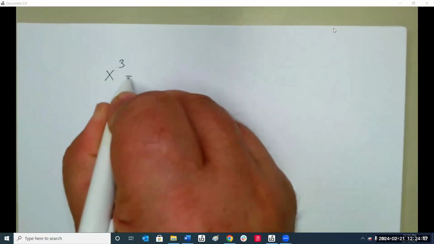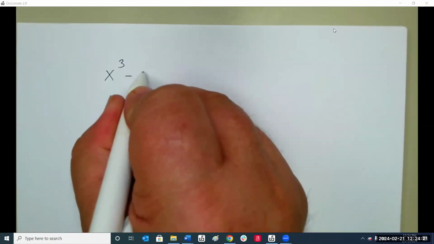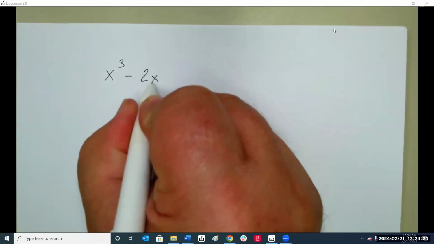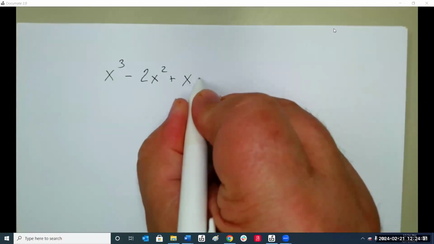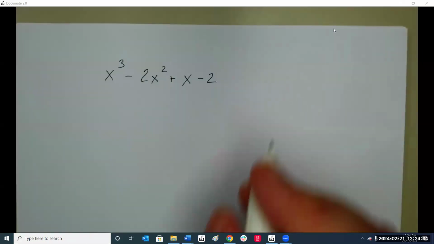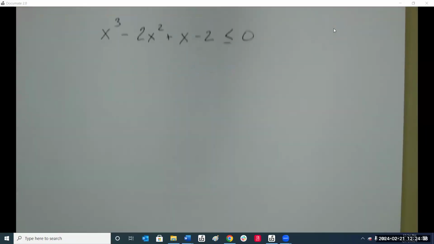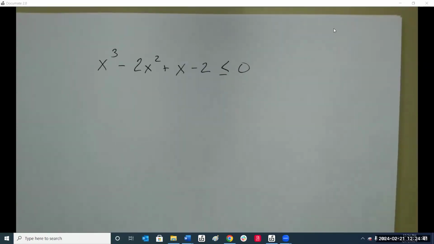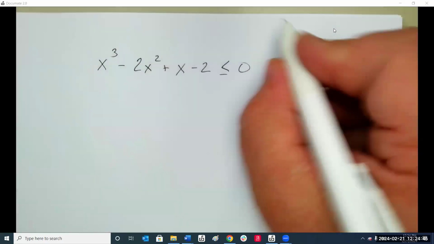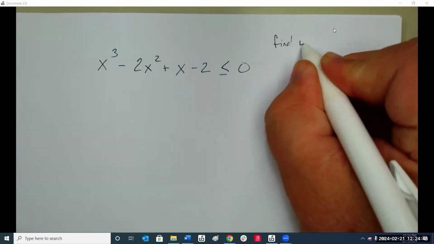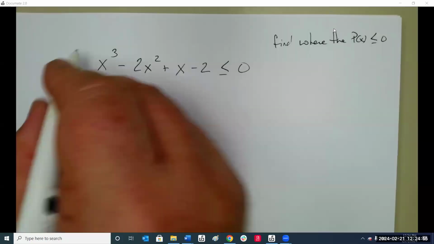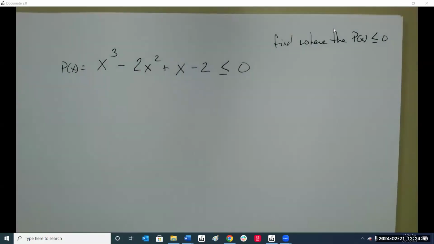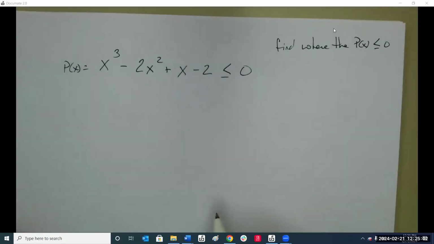In other words, if we had this polynomial, and the question said, find where the polynomial is less than or equal to 0, I'd give you P of x is equal to this polynomial. So you'd set it up this way. How would you factor it?